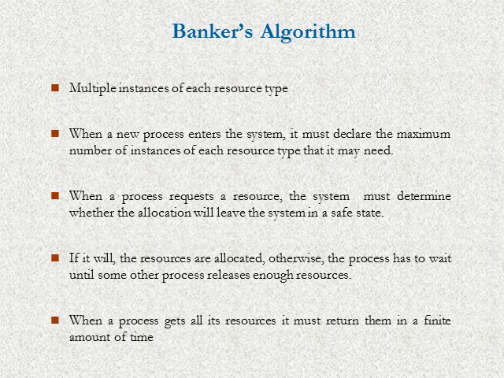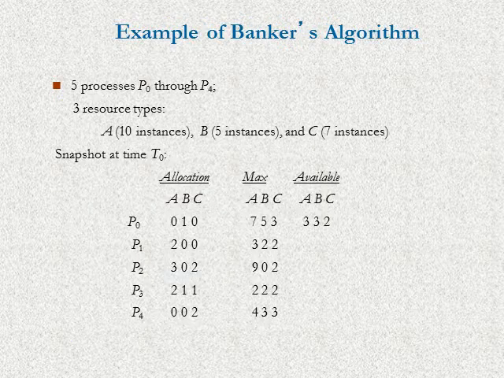Once a process gets all the resources that it requires, it completes its execution, and once it completes its execution, it may return all the resources that were allocated to it previously. And that is how we regain all the resources and then we can allocate them to other processes that are present in the system.